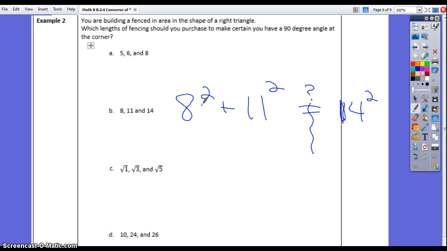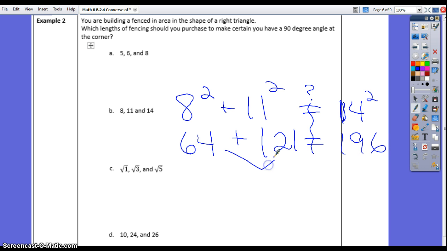No. What is it? 64. 64 plus, what's 11 squared? 121. Does that equal, what is 14 squared? 196. Good. What do I get when I add these two? 185, and that does not equal 196. So your answer is no. Nice job. You can work on pages 5 and 6 in your homework packet.